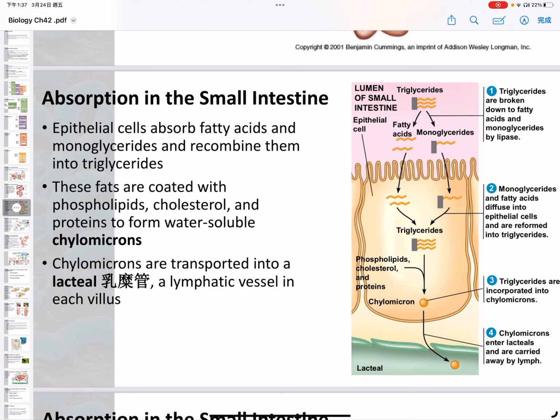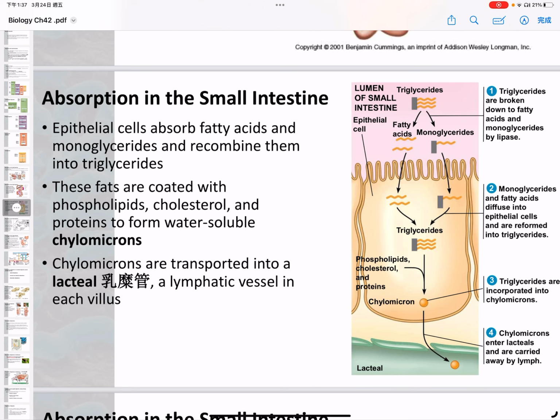So we can see in the picture from the top, the substance is called triglycerides, and it is broken down to fatty acids and monoglycerides by a protein called lipase.